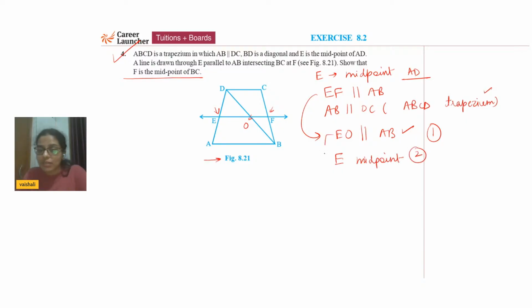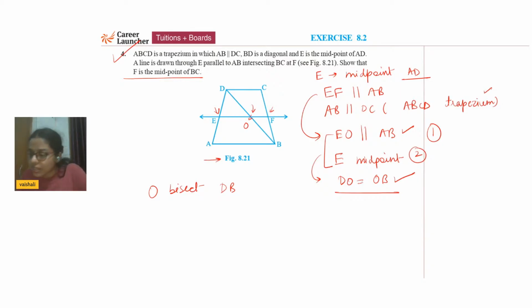It will bisect the line DB. If I extend this line from E to O, it is proven by the midpoint theorem that if the line is parallel and E is the midpoint, it will bisect the third side, which means DO must be equal to OB. So O must bisect the third line, which is DB.